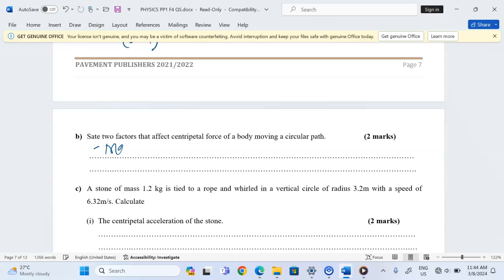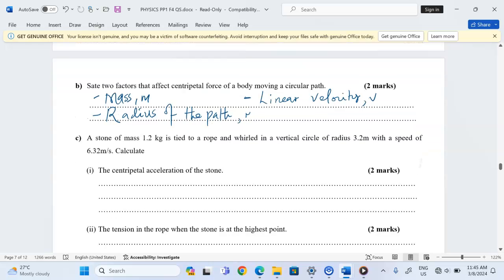That is mass of the body, then we have radius of the path, and also we have the linear velocity v of the body, radius small letter r of the path.